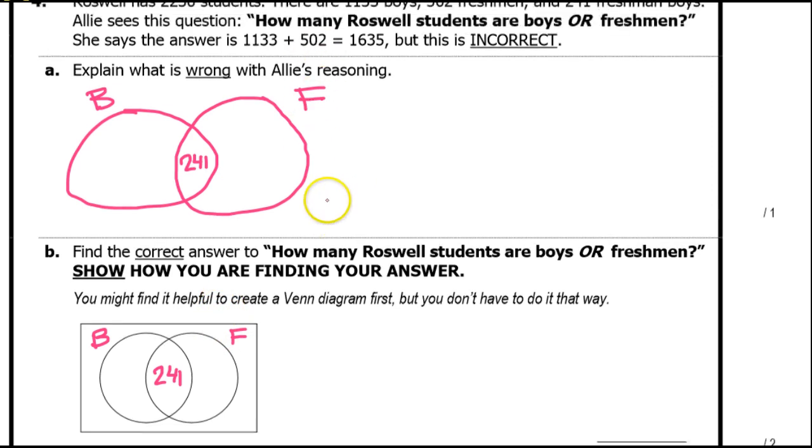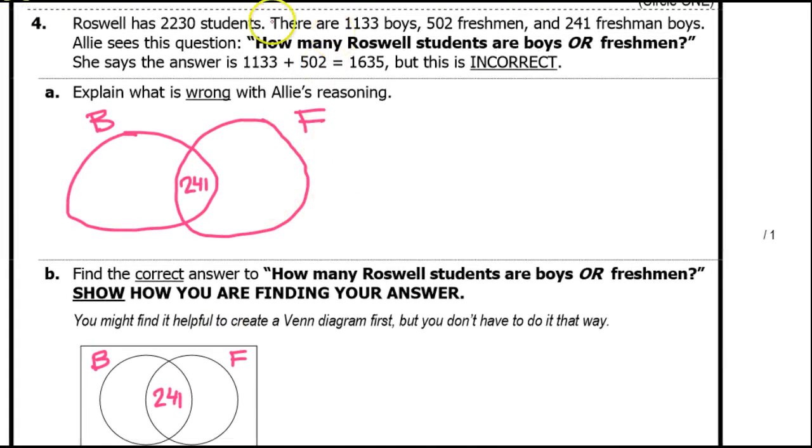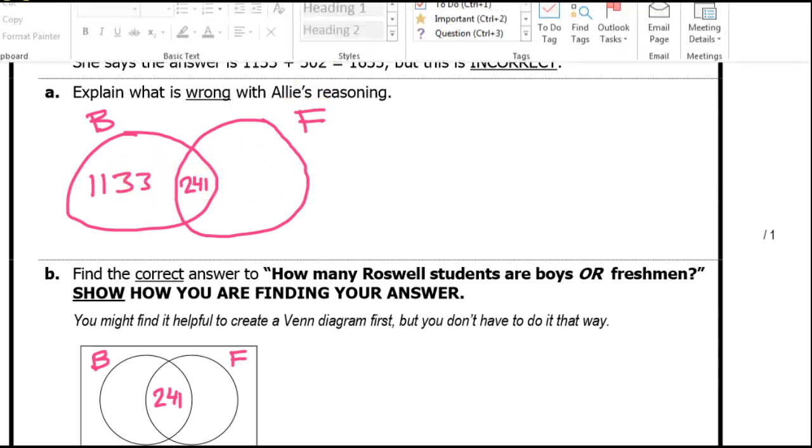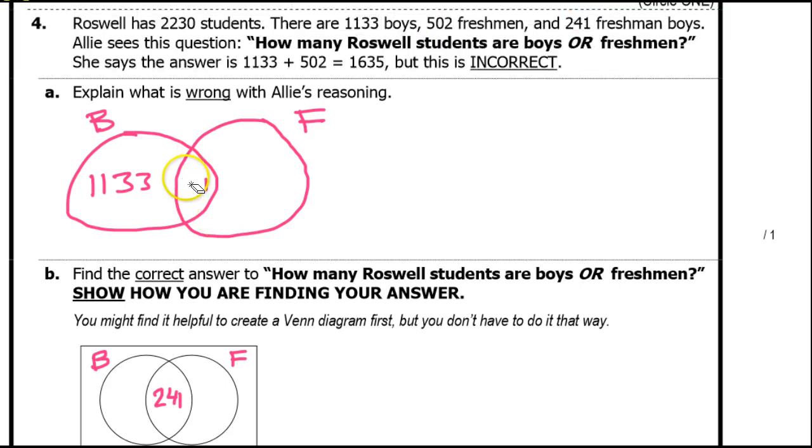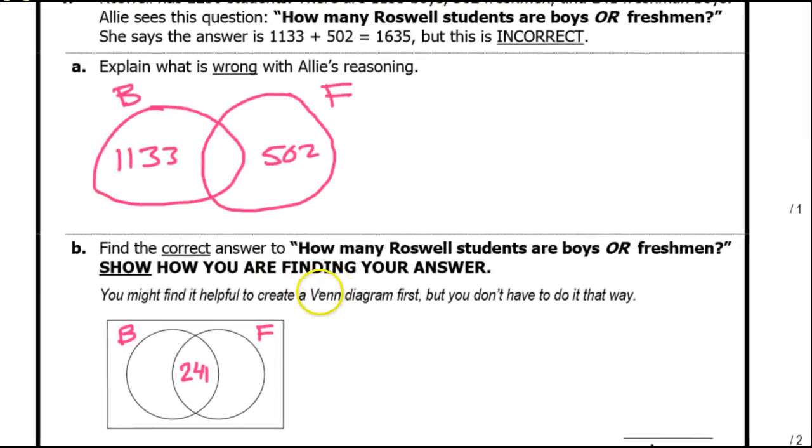So the mistake that she made was she went ahead and added 1,133 plus, let me erase this for a second, plus the 502.